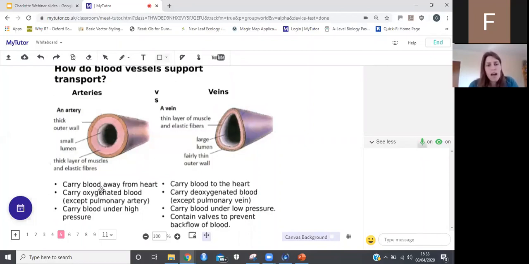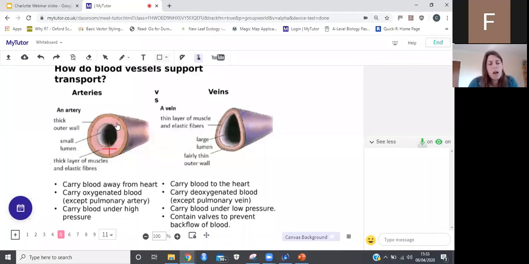So they have these thick outer walls and a small lumen. And so the outer wall of the artery is thick in order to be able to withstand that pressure that the blood is traveling under. It has a thick layer of muscles and elastic fibers. That's the next layer in there. Put my pointer on, that might make it a bit easier.